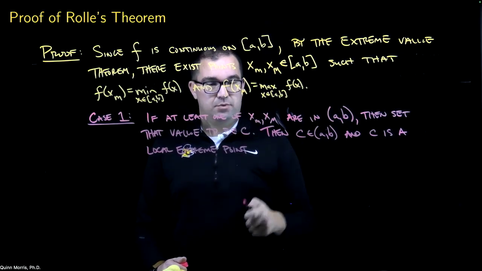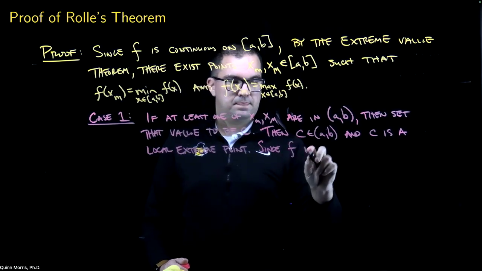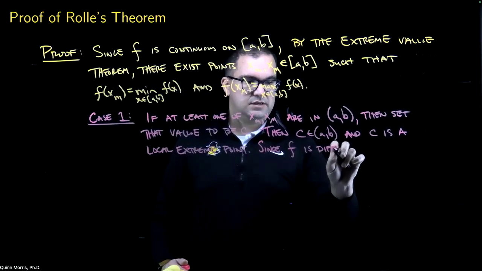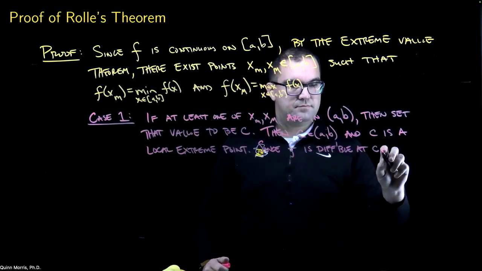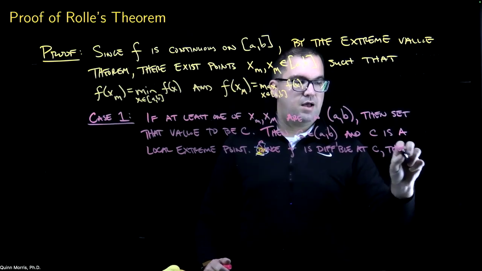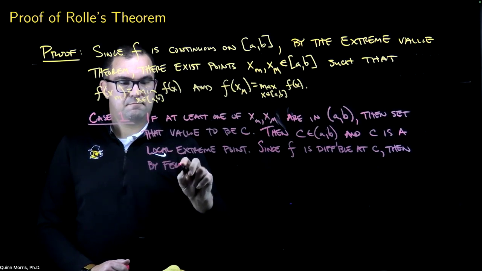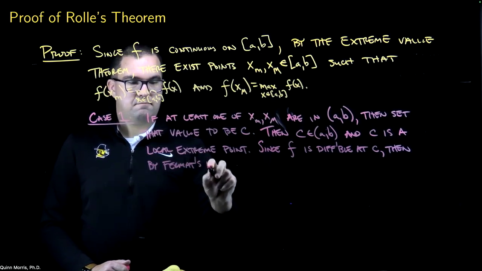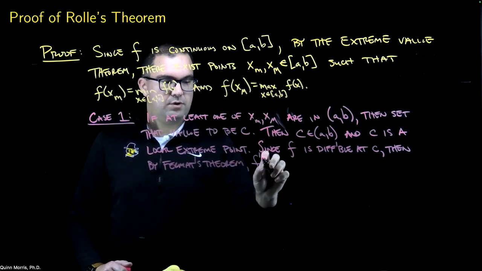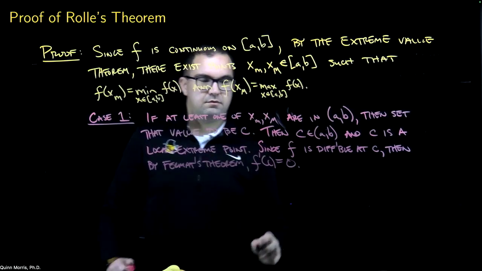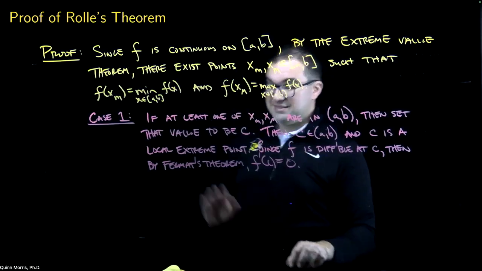So f must be differentiable at C. And so since f is differentiable at C, then by Fermat's theorem, we have found our point C such that f prime of C is equal to 0. All right, that's case one.